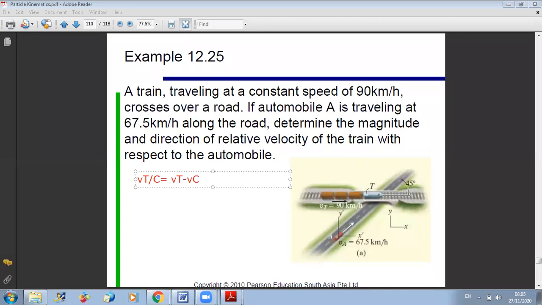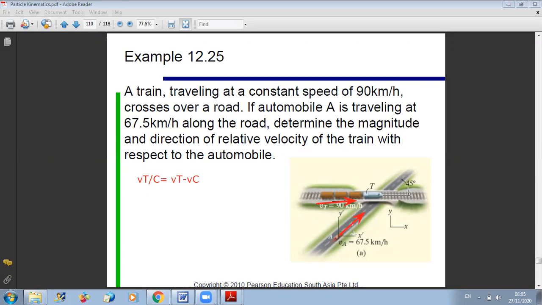Okay. So we need to determine, these are vectors, so we need to express them in a frame. We take the xy frame like this. We have that the velocity of the train is directed along I, so it's plus 90I. While for the car, we decompose it into two components.